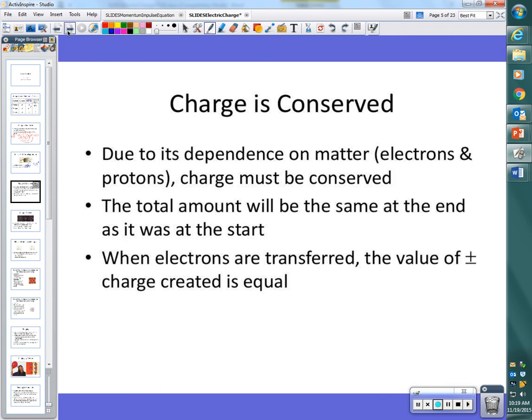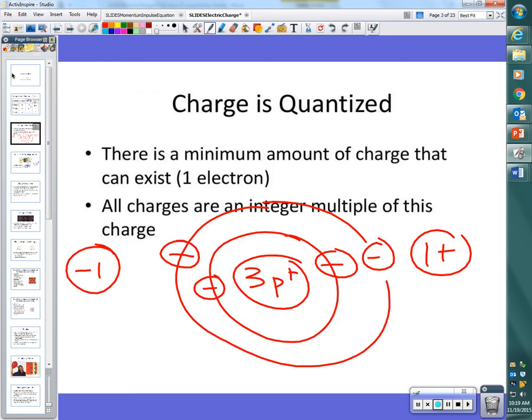If we go back to this picture, we said that the way it's drawn right now, this atom of lithium has a charge of -1, because it gained an electron. But if charge is conserved, if this atom gained an electron, what else had to happen somewhere else? Something else would have to have lost an electron. So the total amount of charge is the same, right?